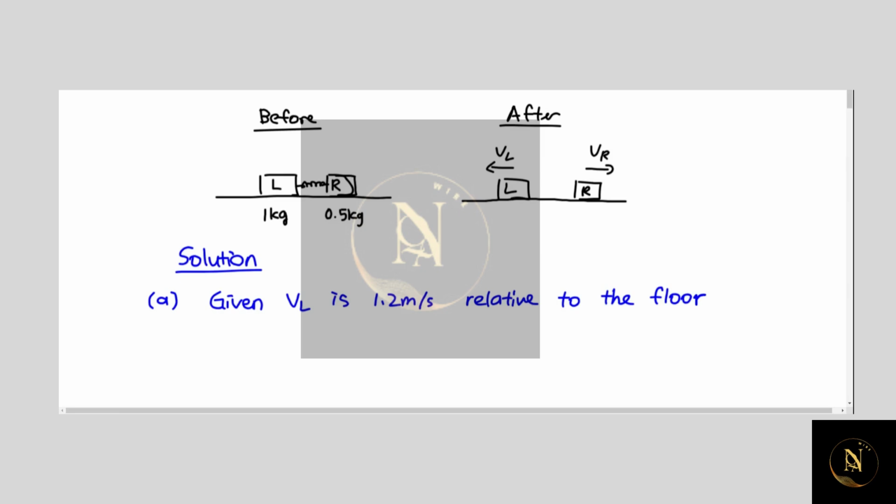This question is trying to bring out the importance of the word relative. In part A, block L is moving at 1.2 meters per second relative to the floor, and in part B, block L has a speed of 1.2 meters per second relative to block R. We want to find the distance traveled by block R in 0.8 seconds.